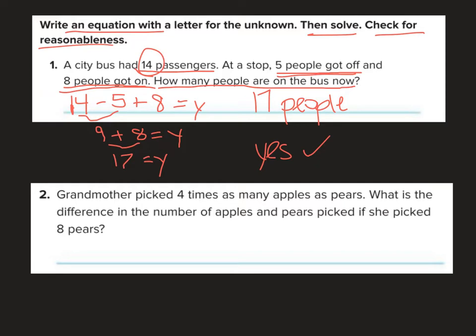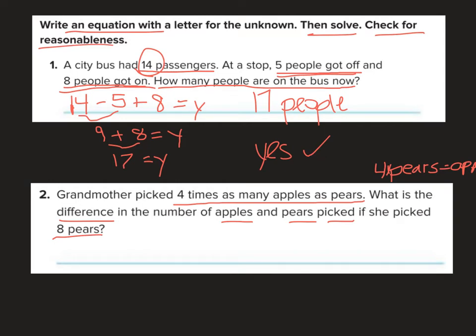Okay. Grandmother picked 4 times as many apples as pears. So if I multiply pears by 4, it's going to equal apples. What is the difference in the number of apples and pears picked if she picked 8 pears?